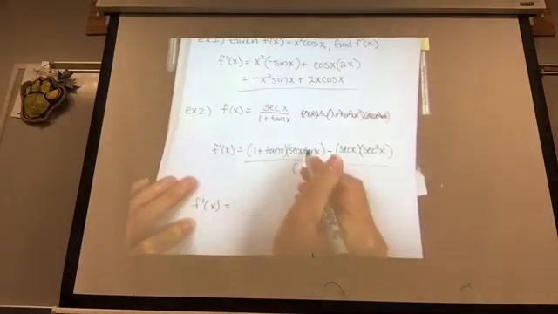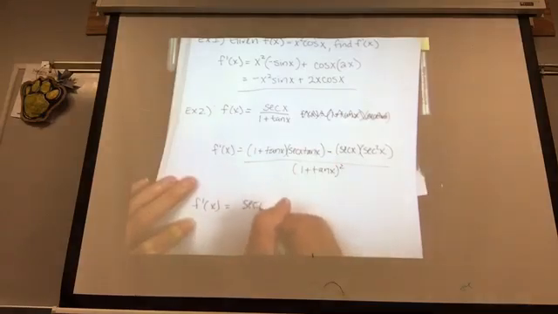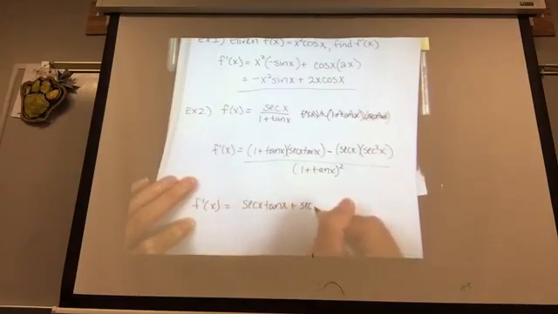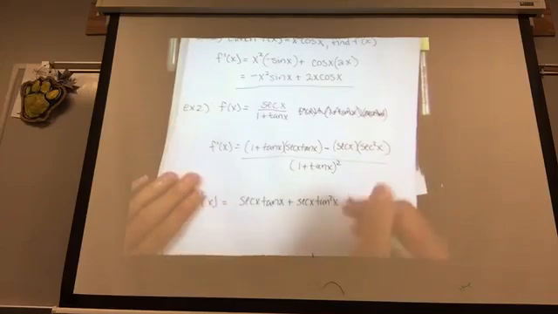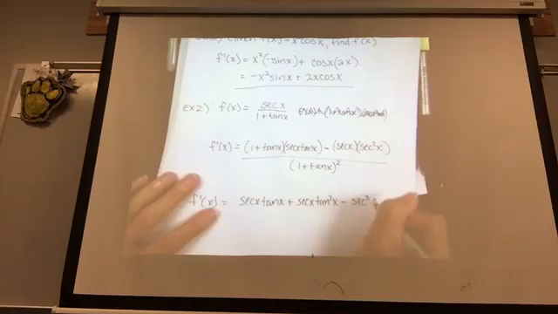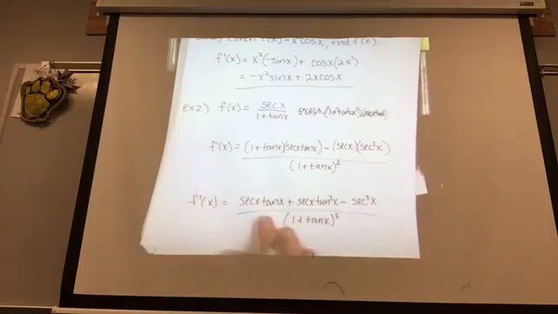So that gives us secant of x tangent of x, plus secant of x times tangent squared of x. And then secant of x times secant squared of x would be what? All over 1 plus tangent of x squared. And we can leave it like that.